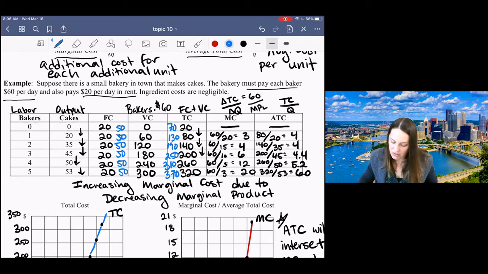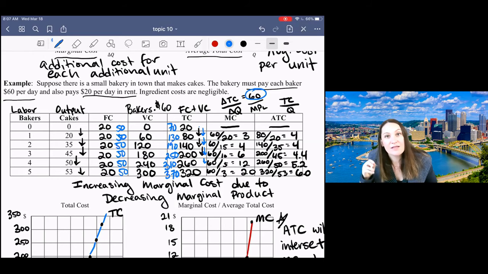All right, so my total cost went up, my profit's going to go down, but what happens to marginal cost? The answer is nothing. Nothing happens to marginal cost because the change in total cost as I move down the table, as I hire one additional worker, is still 60. 130 minus 70, or 250 minus 190.